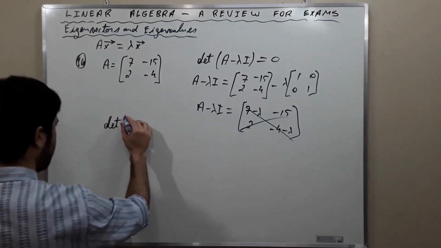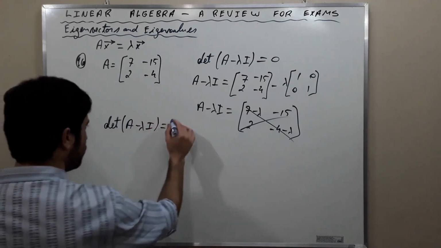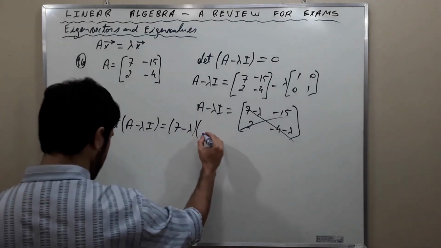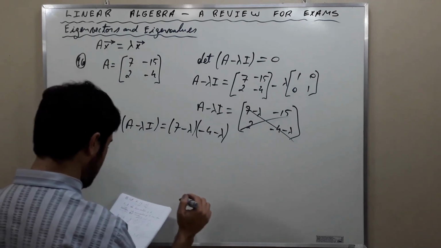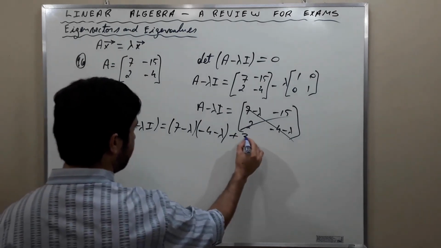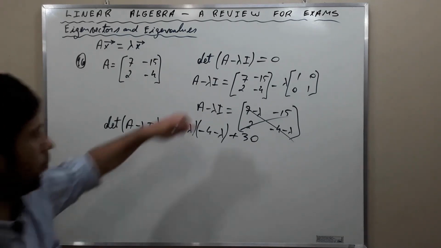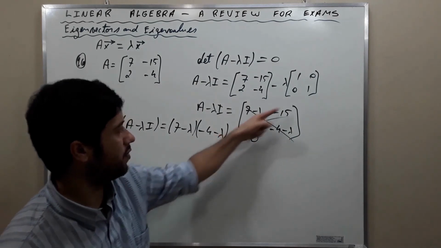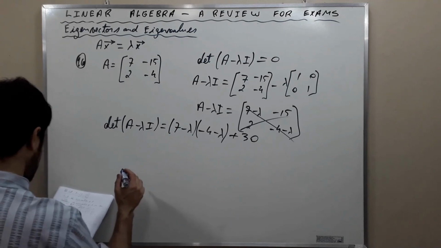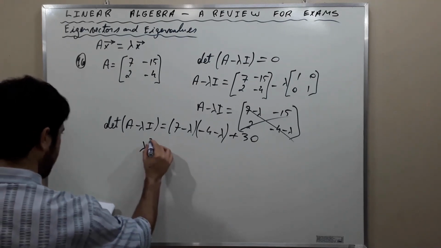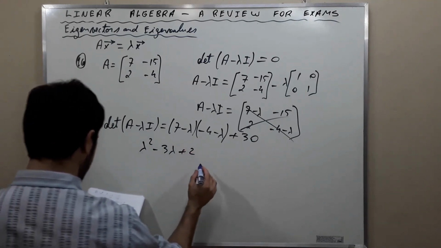The determinant of A minus lambda I is then equal to (7 minus lambda)(negative 4 minus lambda) plus 30. We have this product here, and we have this product here. So the determinant is lambda squared minus 3 lambda plus 2.